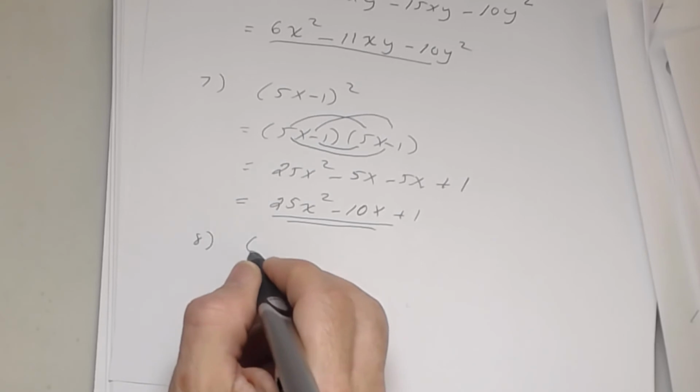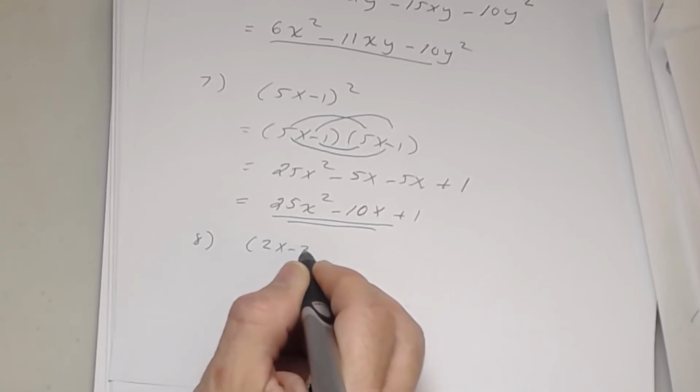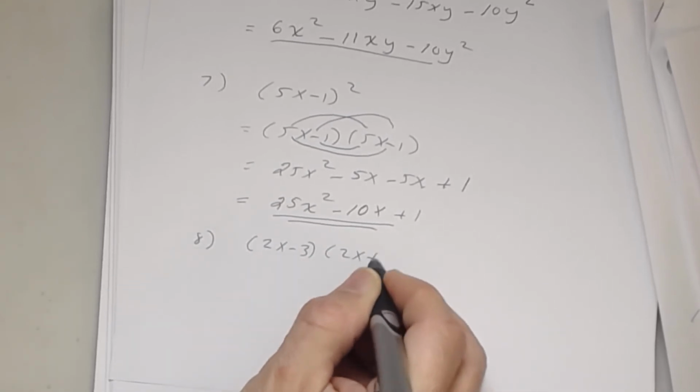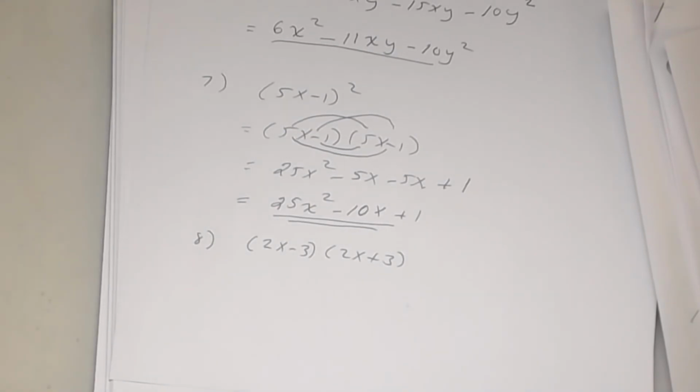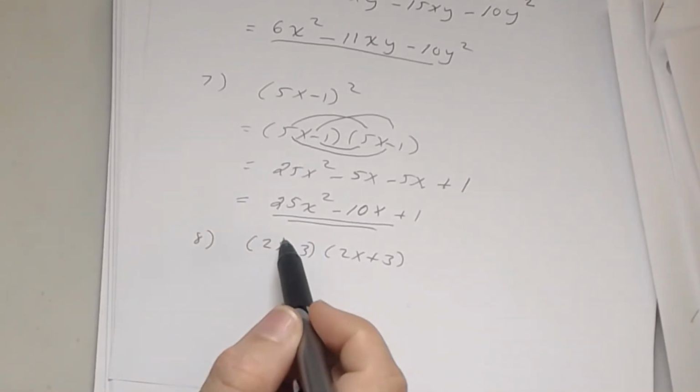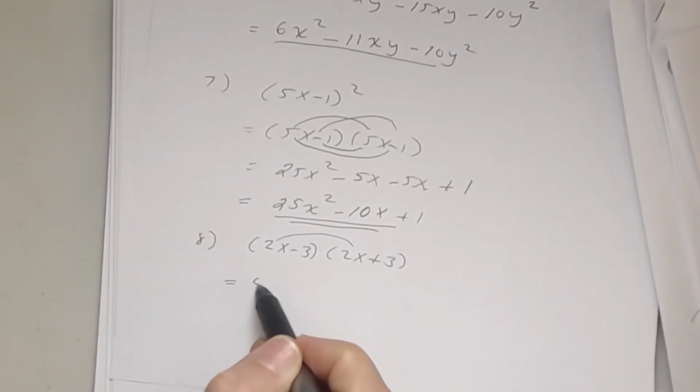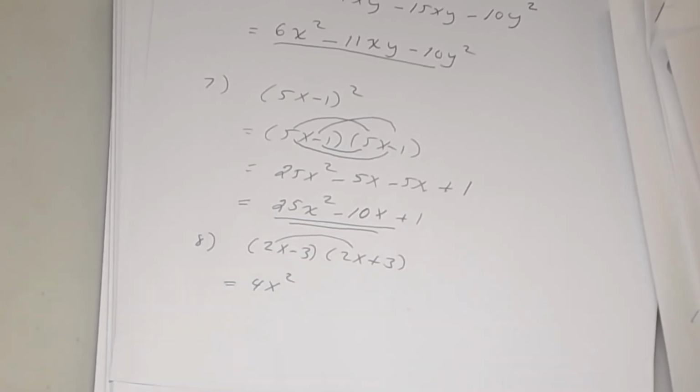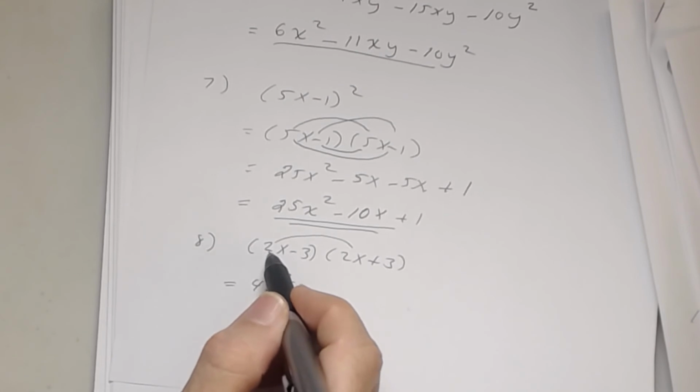8. 2x minus 3 times 2x plus 3. What two terms do you multiply together to get the first? 2x and 2x is? Okay. What two terms do you multiply together to get the outer?